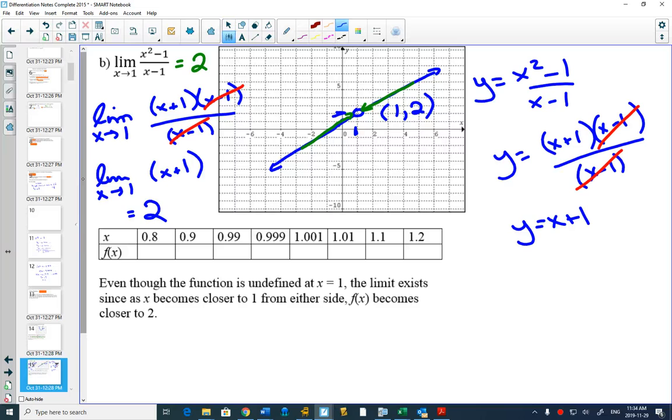In fact, here, this one I can do the mental math. This was 1.8, 1.9, 1.99, 1.999, 2.001, 2.01, 2.1, 2.2. And this is what we're looking for. When it gets close to 1, what number does it get close to? It gets close to 2.